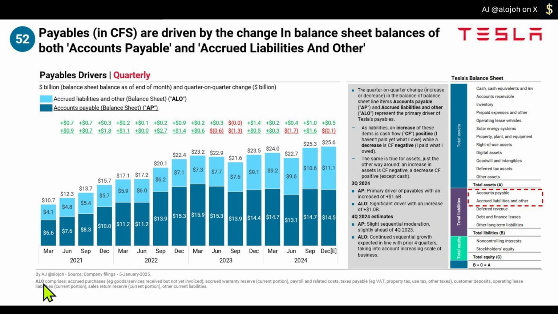Down here I left a little note that shows you the key items, and you can see it comprises accrued purchases. This is goods or services that Tesla received, but for which it was not yet invoiced. So this is not Tesla's fault. Tesla received goods and services, but in their accounting department, Tesla hasn't received an invoice.